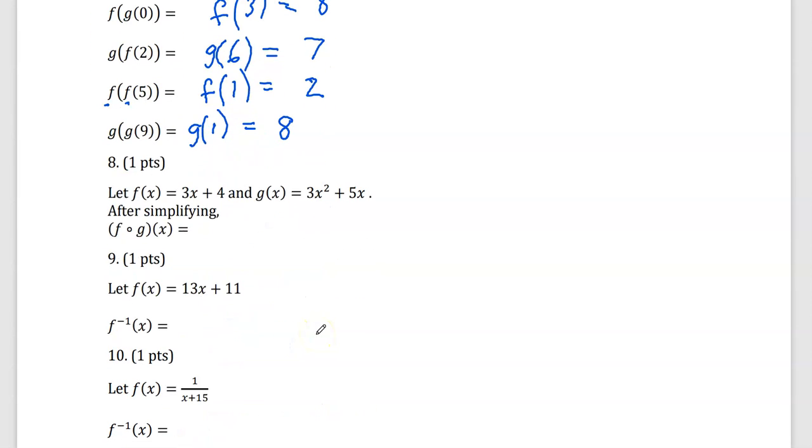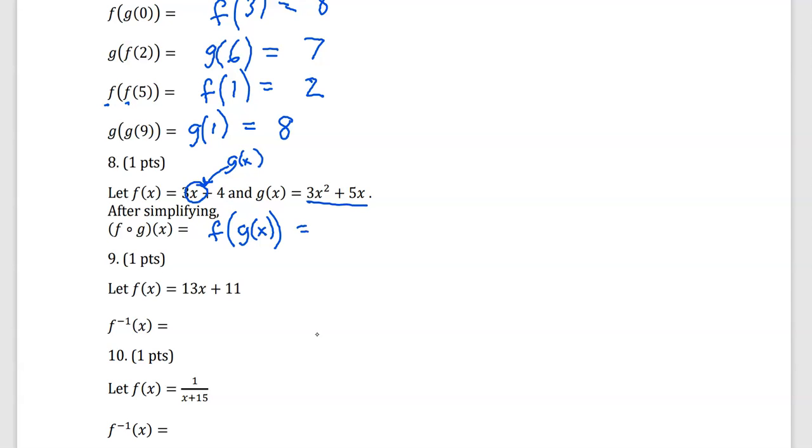Combination. Well, I like to take this and convert it to my favorite form: f of g of x. That's what that is. So put g of x wherever I see x in f. So g of x will go right here. And this is what g of x is.